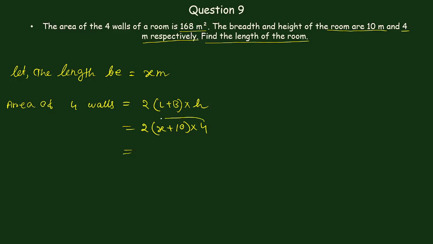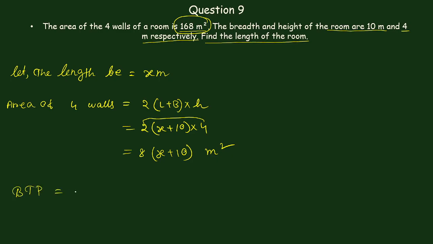So 4 into 2, that is 8, and this is x plus 10 meter square. Now by the problem, the area of the four walls is given, right?